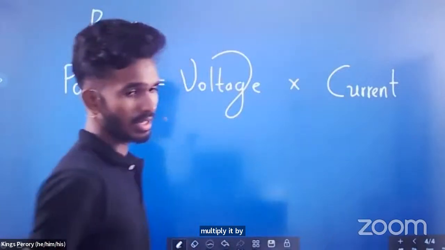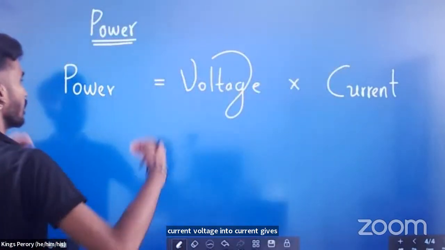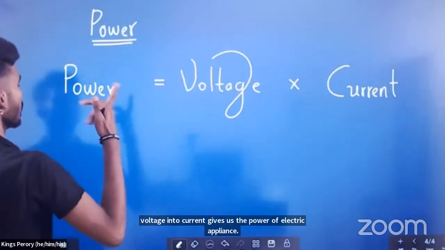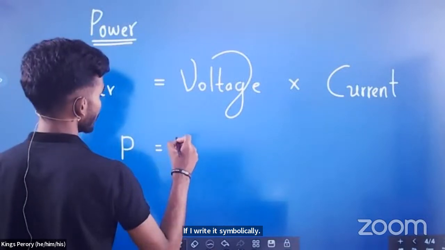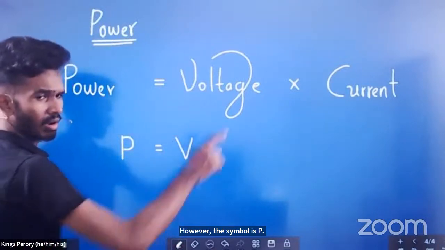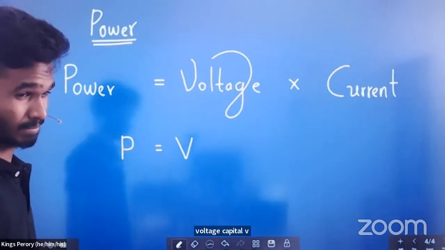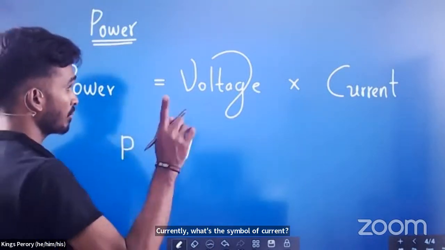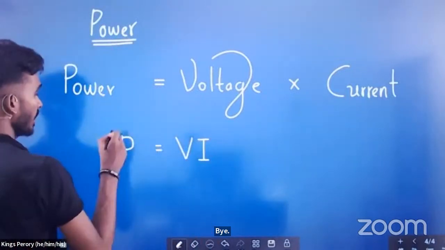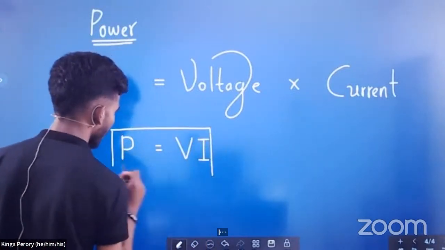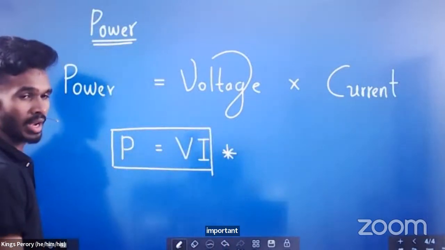If I write it symbolically, power's symbol is P, voltage is capital V, and the symbol for current is I. P equals VI. A very important equation in this lesson.